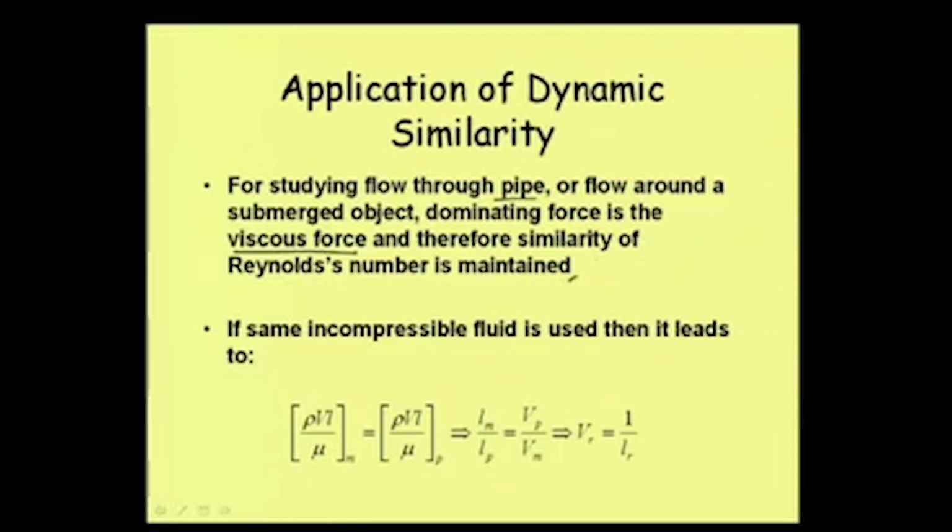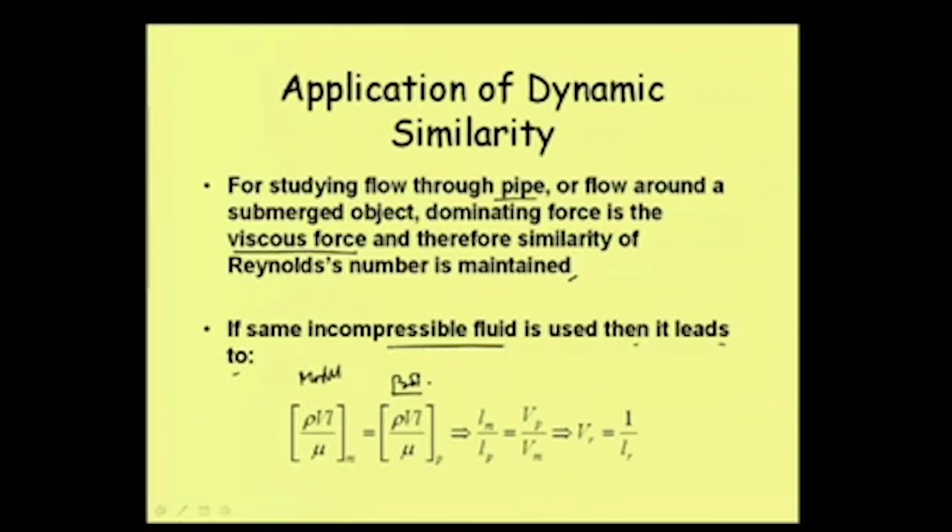And if the same incompressible fluid is used, we are considering the same incompressible fluid, meaning the density of the fluid, rho, is the same. Then again starting from model and prototype, I am writing briefly. The model Reynolds number is rho V L by mu of the model and rho V L by mu of the prototype.